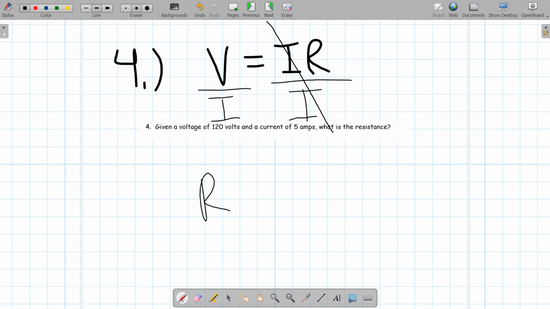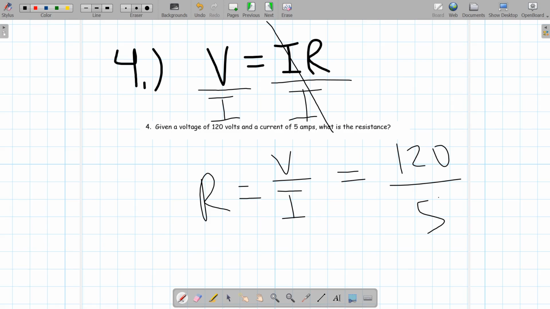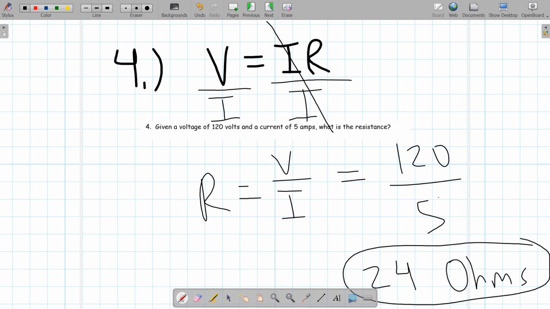So that means resistance is equal to voltage divided by current. So if the voltage is 120 volts and the current is 5 amps, that means the value of our resistance is 24 ohms. So that is the fourth one.